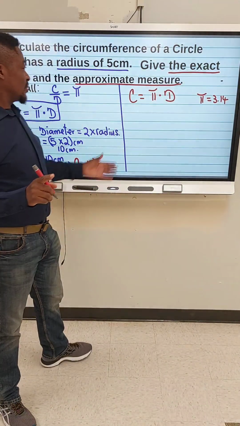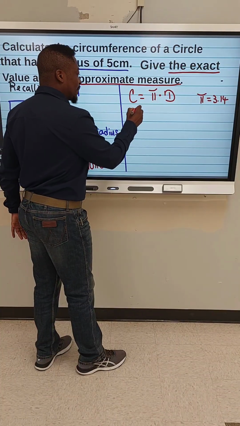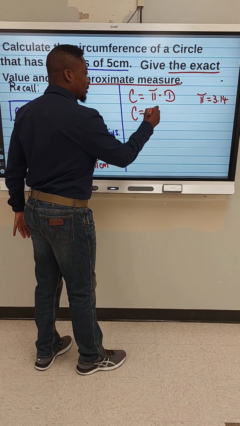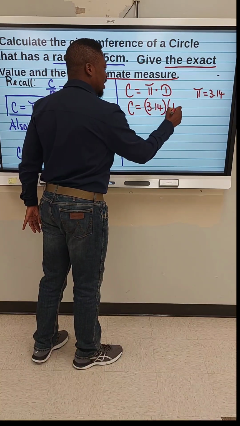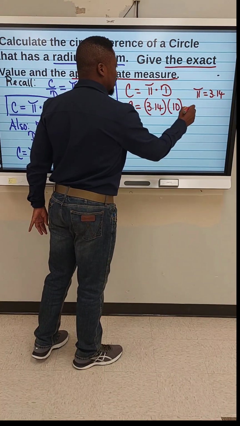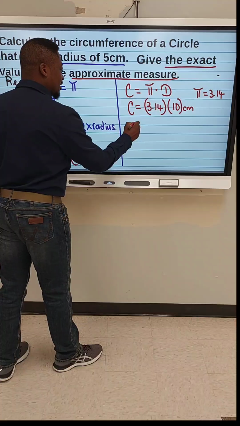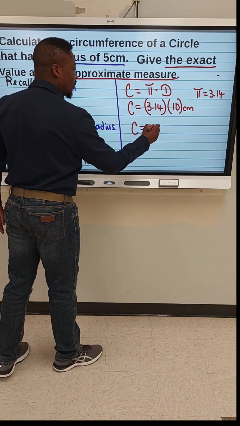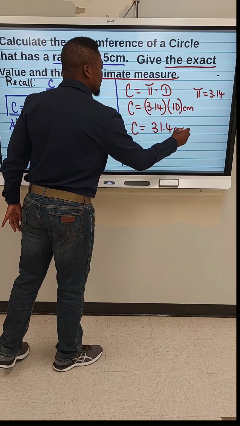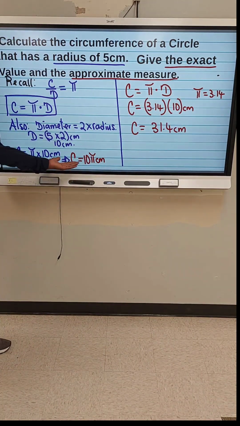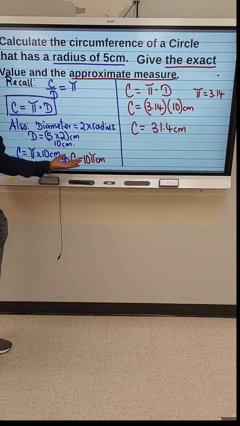So the circumference here is approximated to be 3.14 times 10 centimeters, which is an approximate value of 31.4 centimeters.